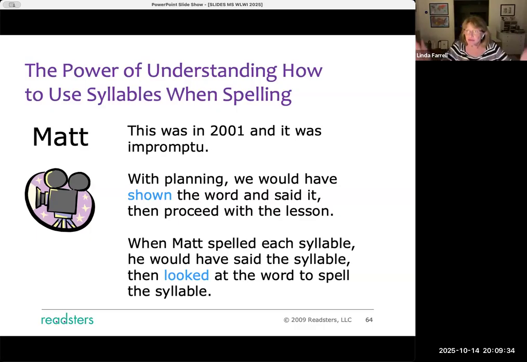But when we tied the letters to the sounds and had him look at them, so if I'm teaching said, I would ask, what are the sounds in said? Ed. What's the first sound? What's the last sound? They're spelled correctly. AI is not. I want you to look at that. Think about it. How do you spell ed in this word? AI. Now they've got that cemented.